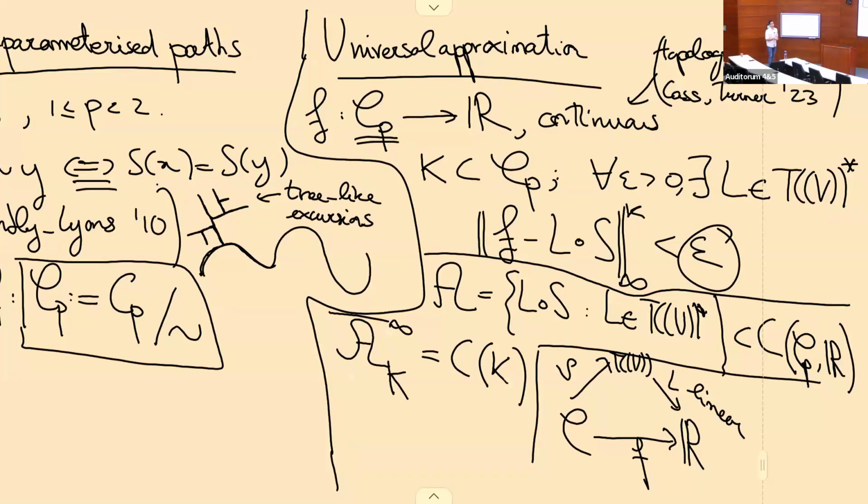I mean, you have different ways. You can start with norms on the tensor algebra, for example, and you can pull it back to define a norm on path space. You can start with a norm on path space with the topology of p-variation, for example, and you can massage it to make it into a norm on the tensor algebra. You can go back and forth between the two, and there are different choices. There are no canonical choices.